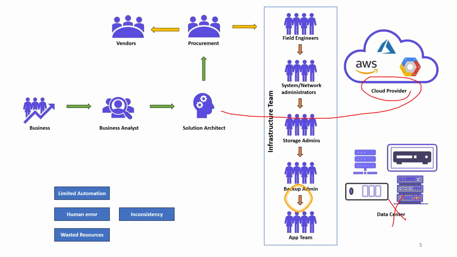And one more thing is, when you are working in the cloud platforms, everything works via APIs, application programming interfaces. When something works via APIs, the automation is very high. You can easily automate almost everything.